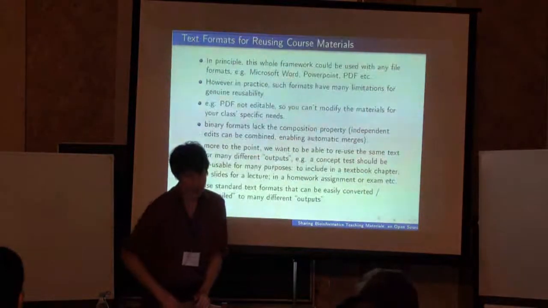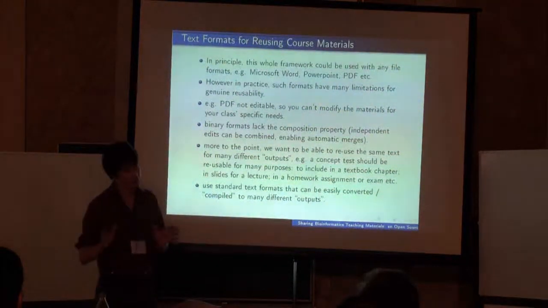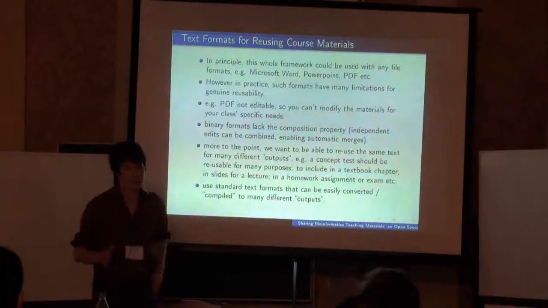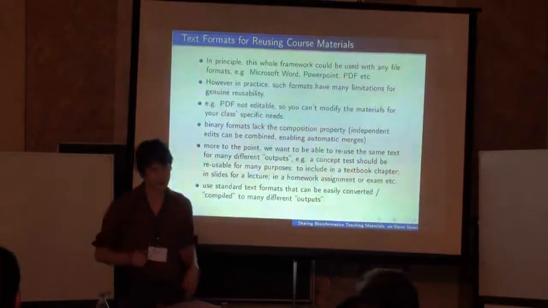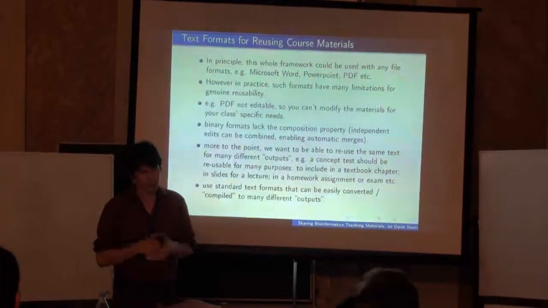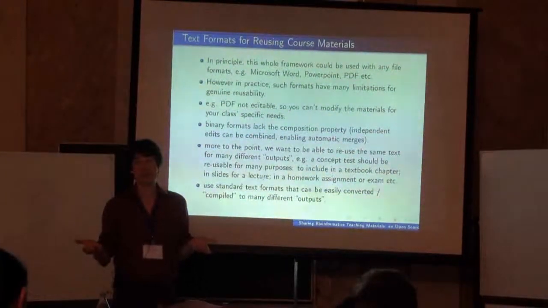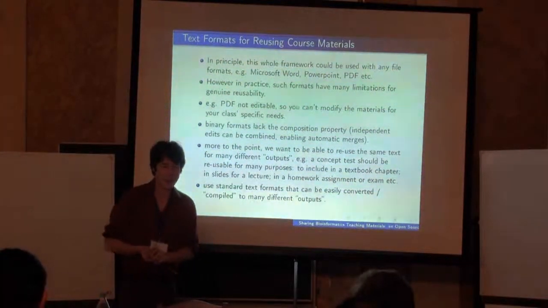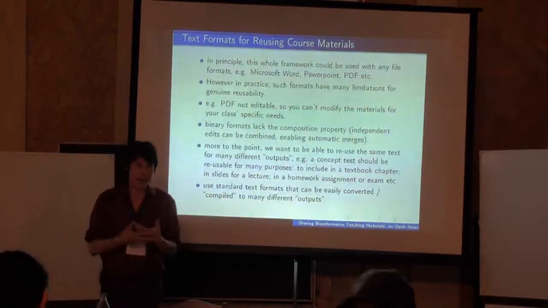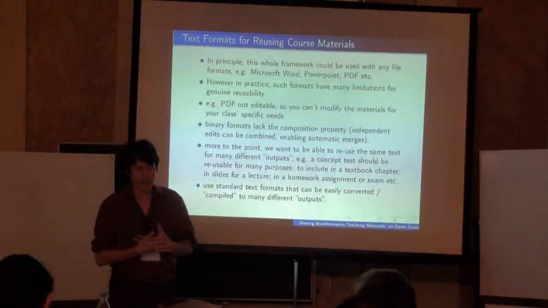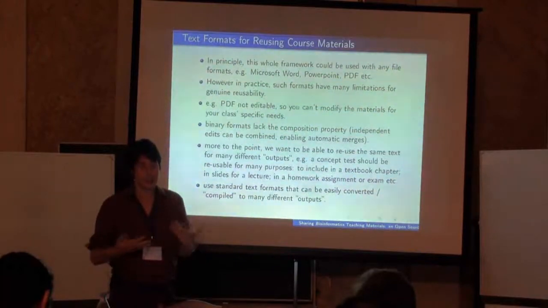So a little bit about tools and format of what I've done so far with this. In general, I try to go with the simplest possible formats that can be managed very easily under tools like distributed version control.